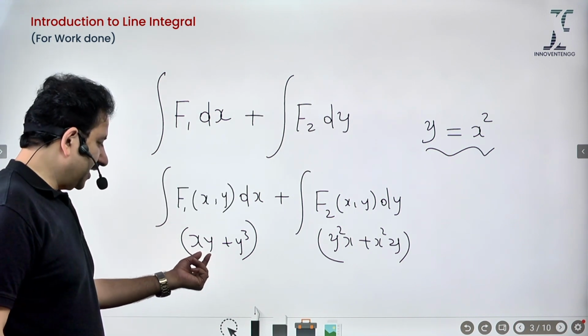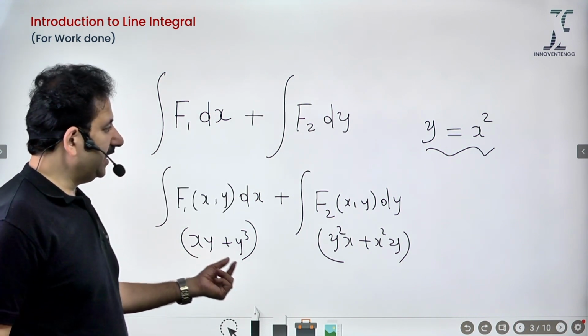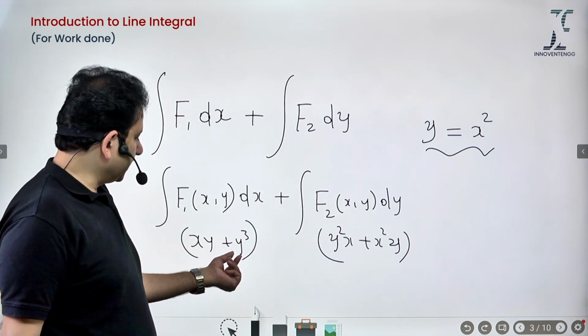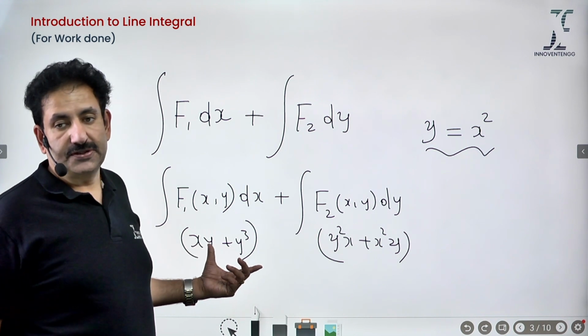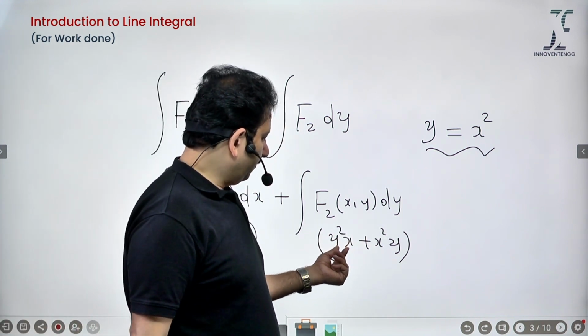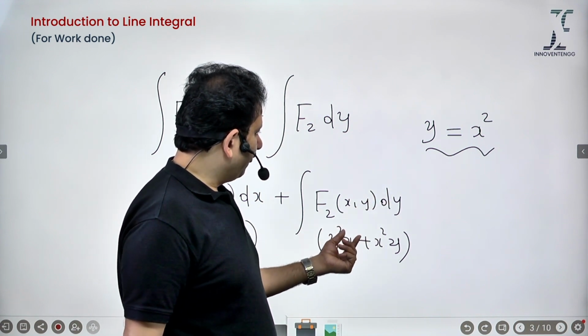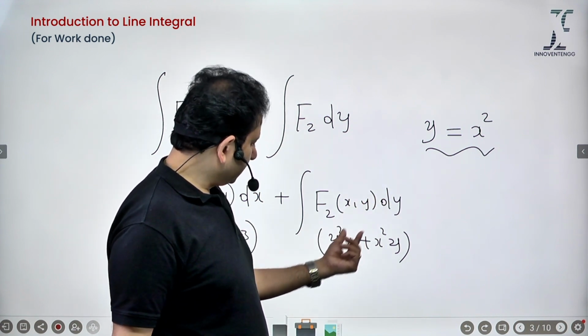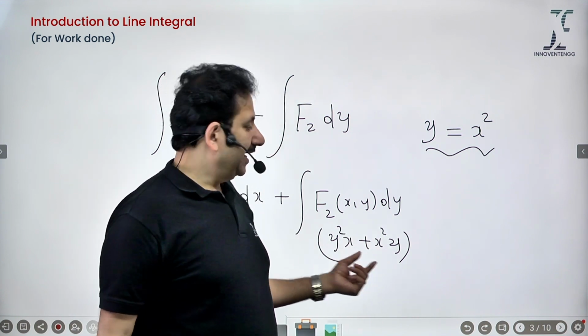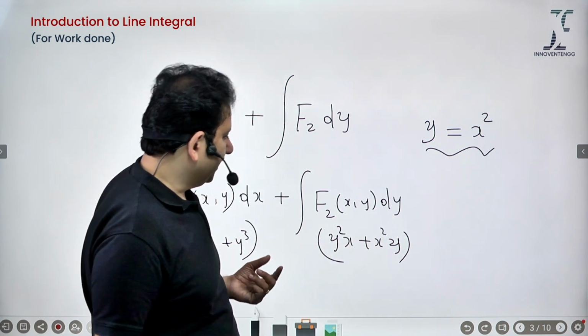So what I would do here, I would simply replace y by x square and y cube by x square cubed, that is x power 6. So that becomes easily integrated. And here also I'm going to replace x by the y definition. That means x becomes root y and x square simply becomes y here, and that can be integrated quite easily.